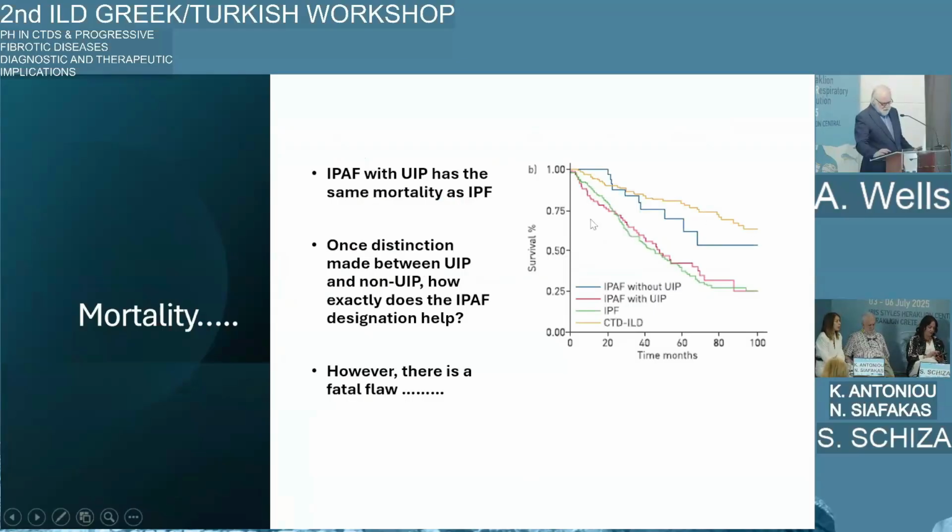And what I want you to focus on is the green and red lines. This is survival for those patients with IPAF that have UIP versus those that have IPF, identical, almost supernaturally similar.